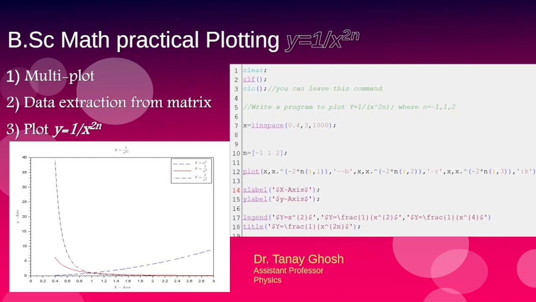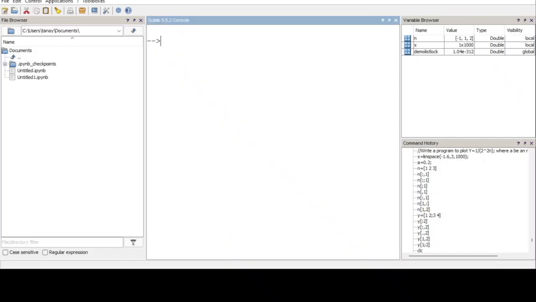Okay, so before we start, we will practice how to handle data in a matrix. Say I have a matrix A which I defined as, so this is how to write a matrix.